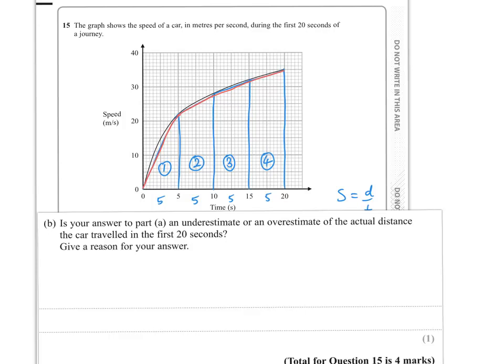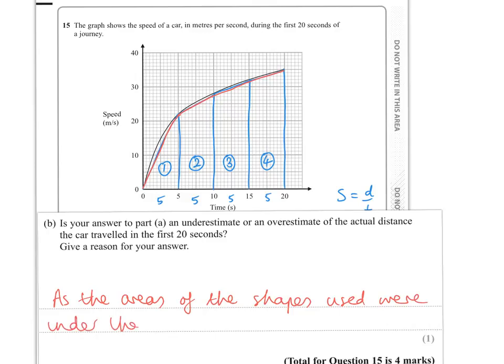An underestimate. So as the areas of the shapes used were under the curve, we would have an underestimate for the distance.